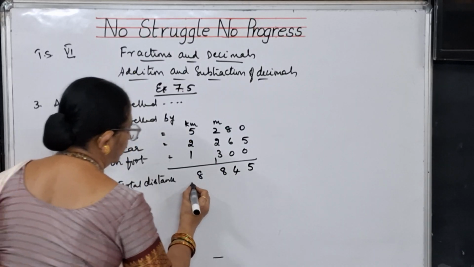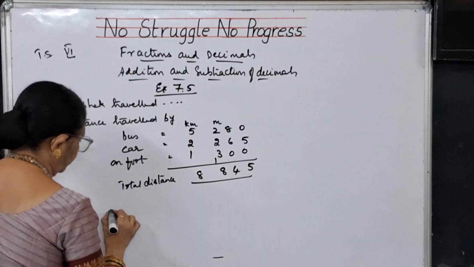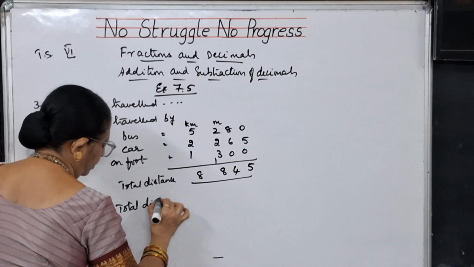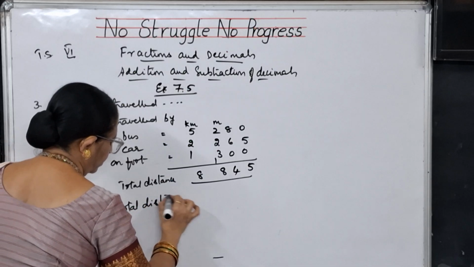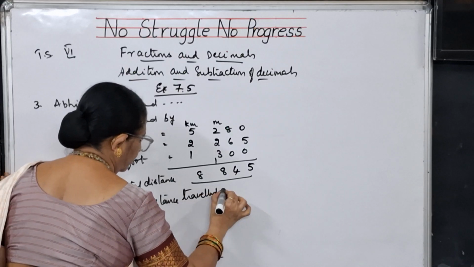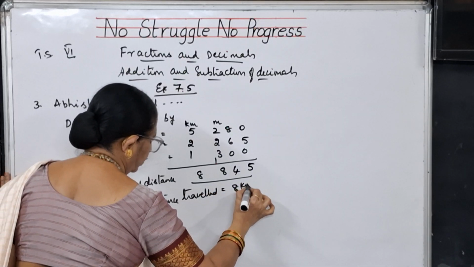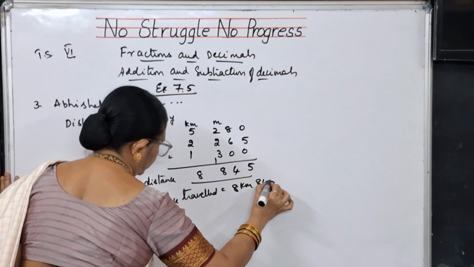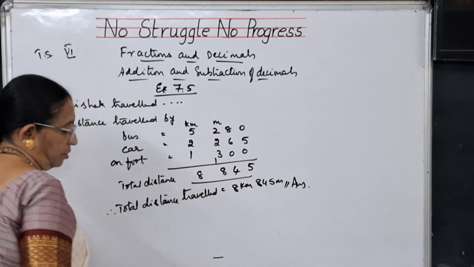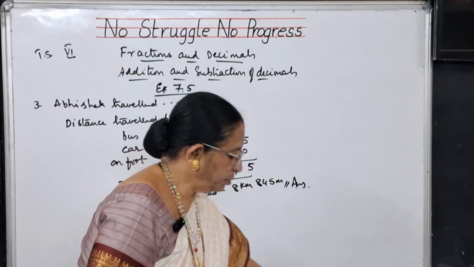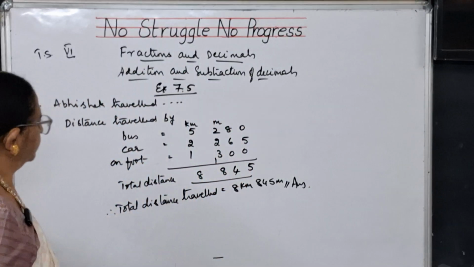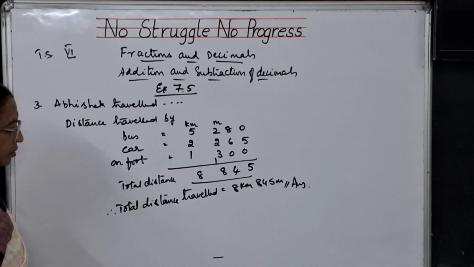So total distance traveled is equal to 8 kilometers 845 meters. This is the answer, children. This is the third problem. Copy it.